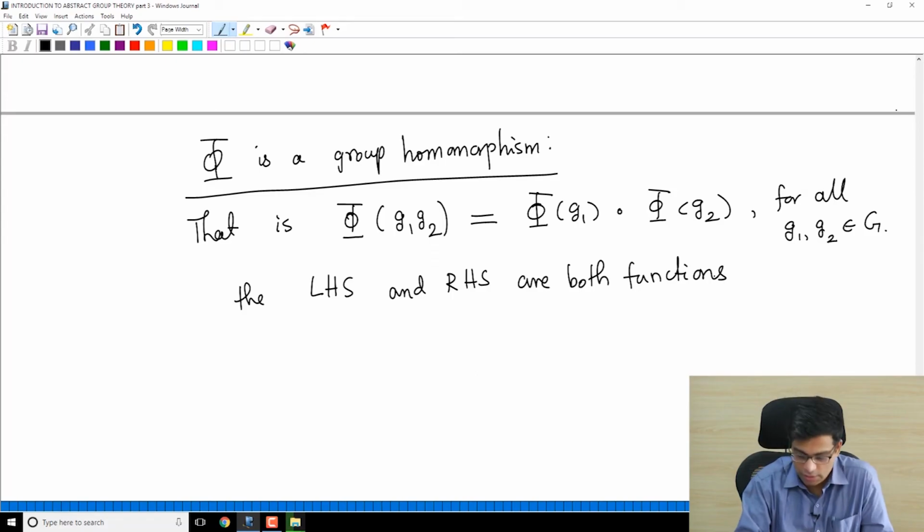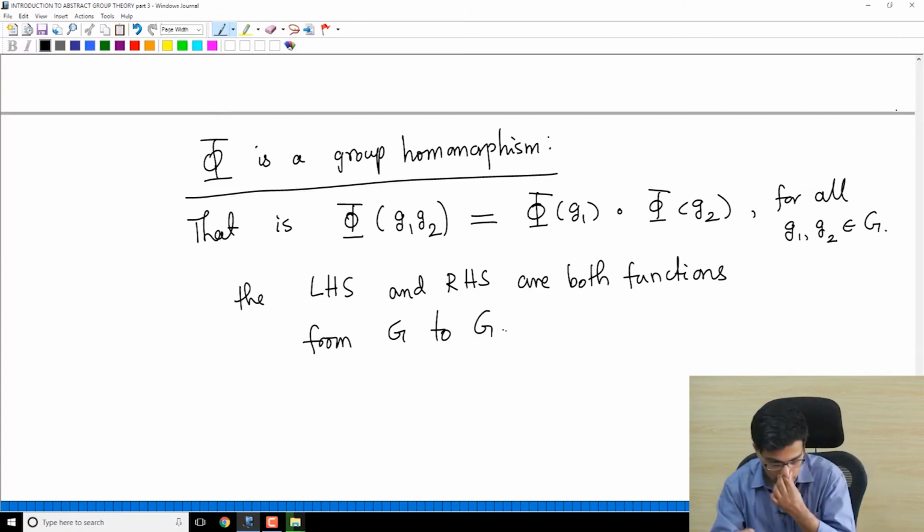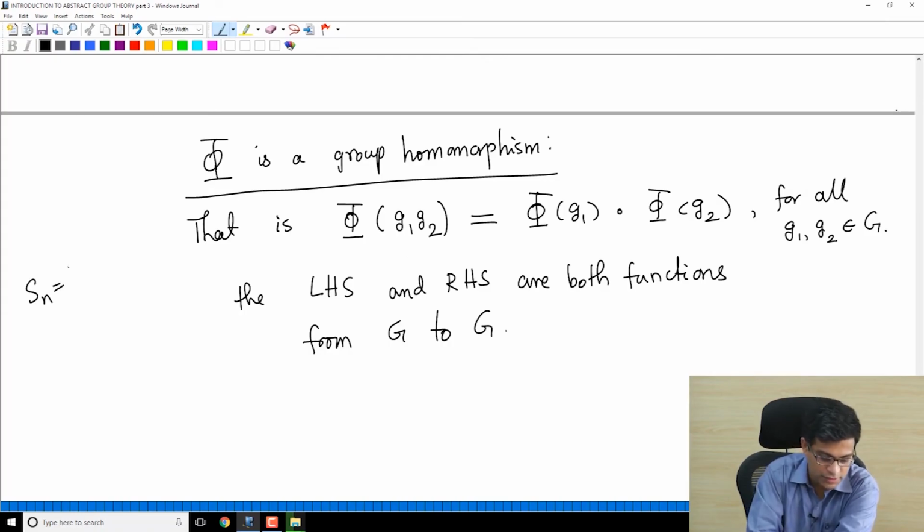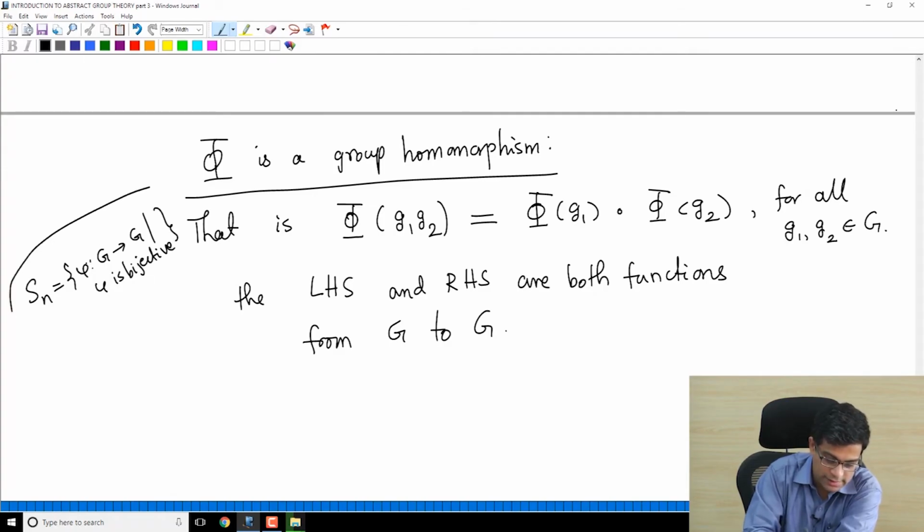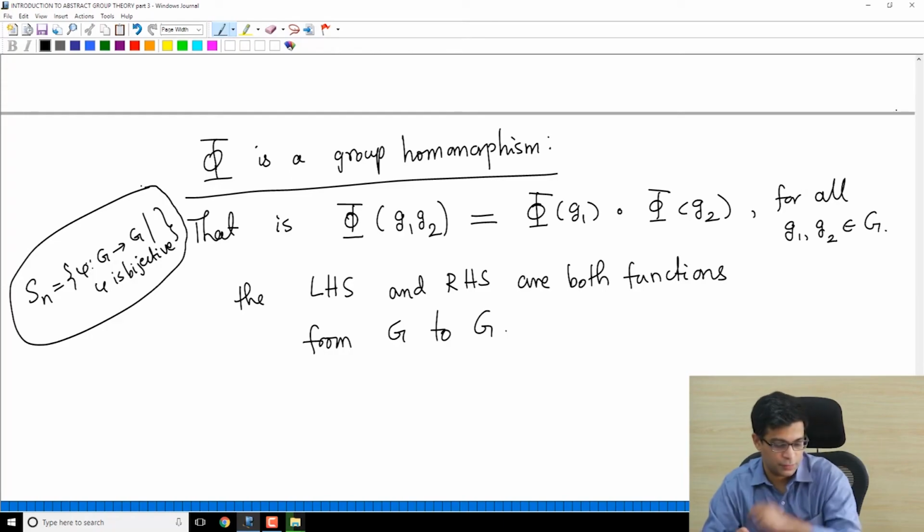They are functions from G to itself, because they are both in Sn, which we are considering as all bijective functions from G to G. For the purpose of this theorem, Sn is all bijective functions from G to G. This we can do, right, because G has n elements.